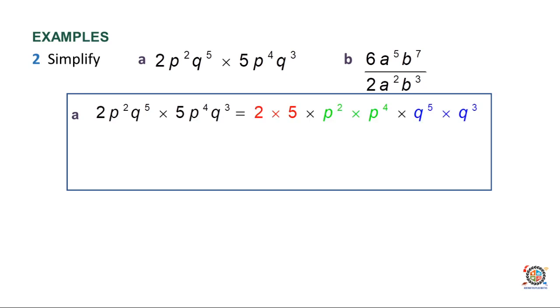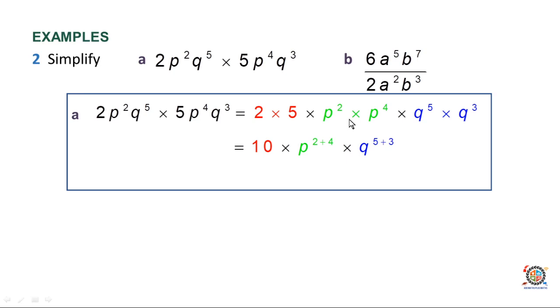Multiply first 2 and 5, then multiply p to the power of 2 times p to the power of 4. Then you multiply q to the power of 5 times q to the power of 3. 2 times 5 is equivalent to 10.